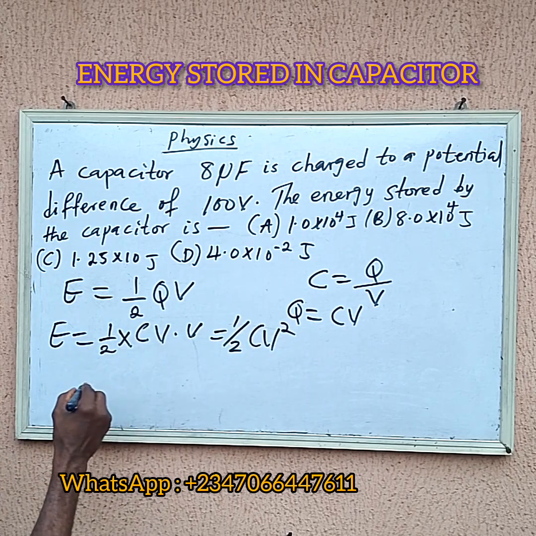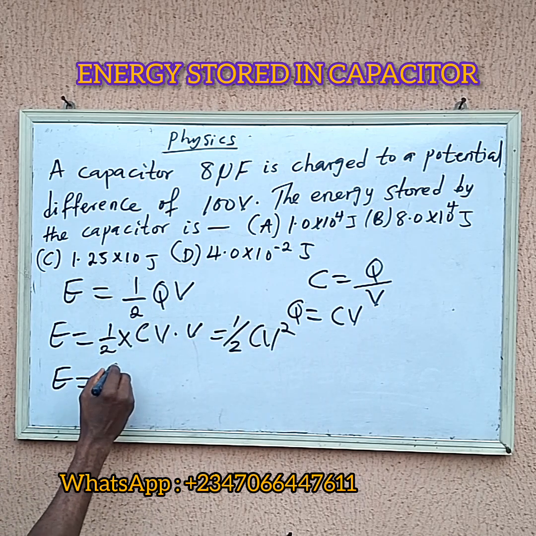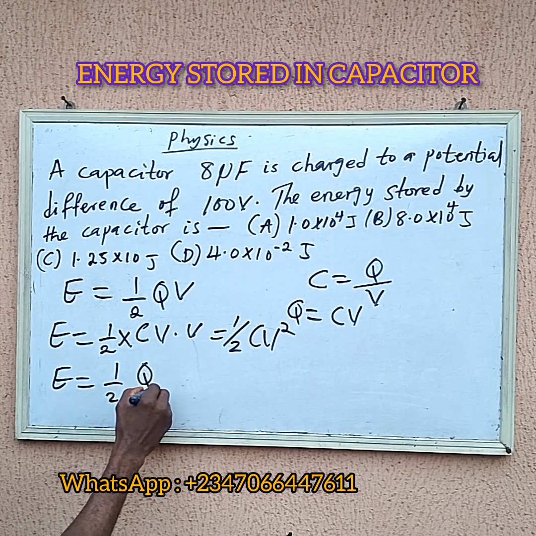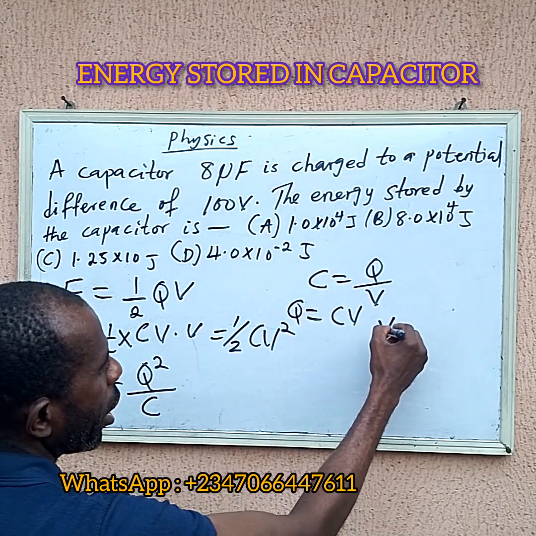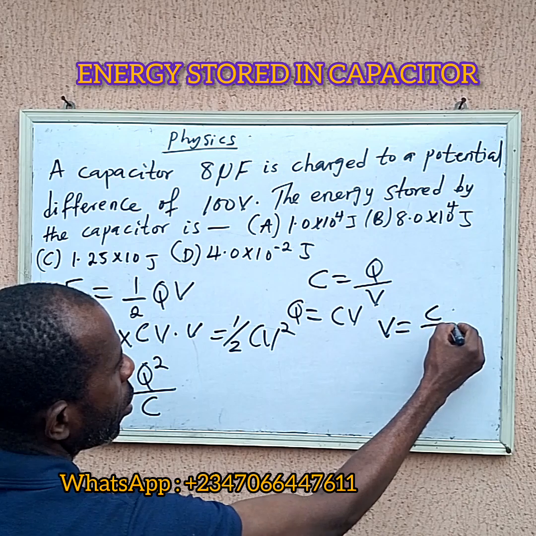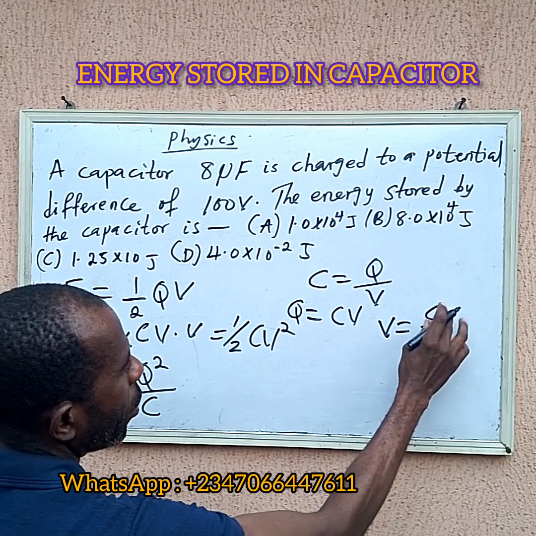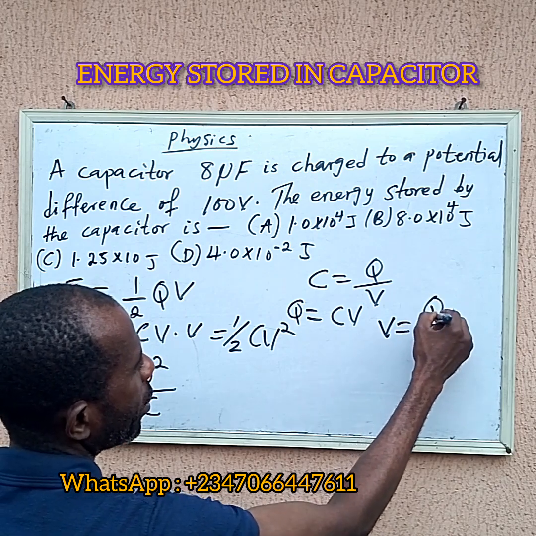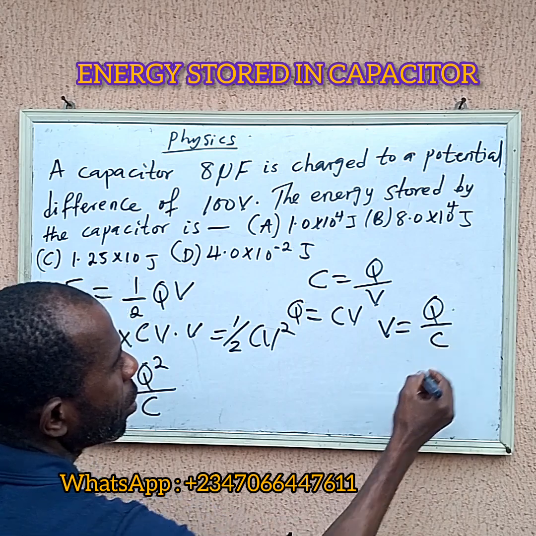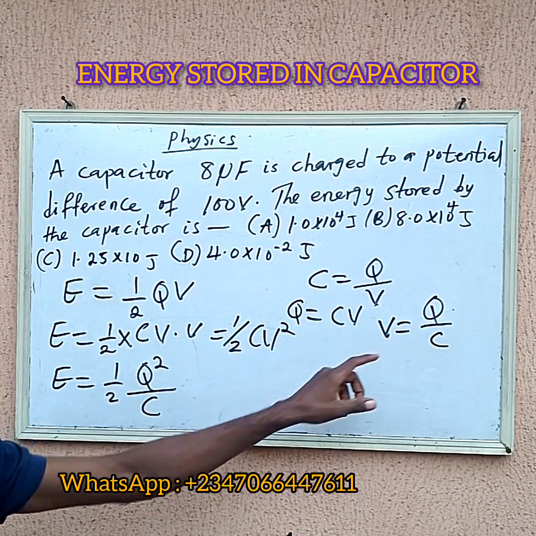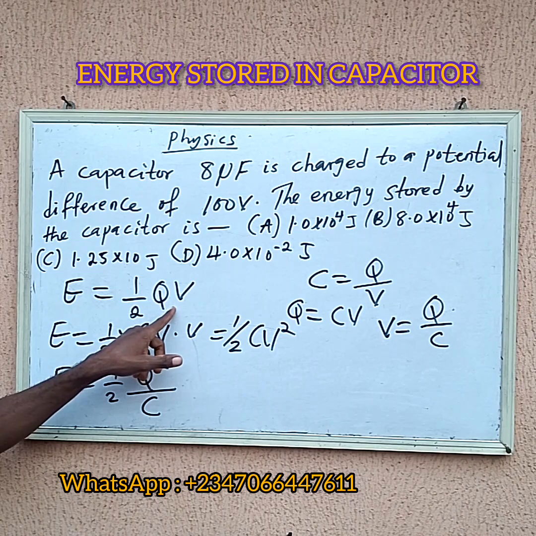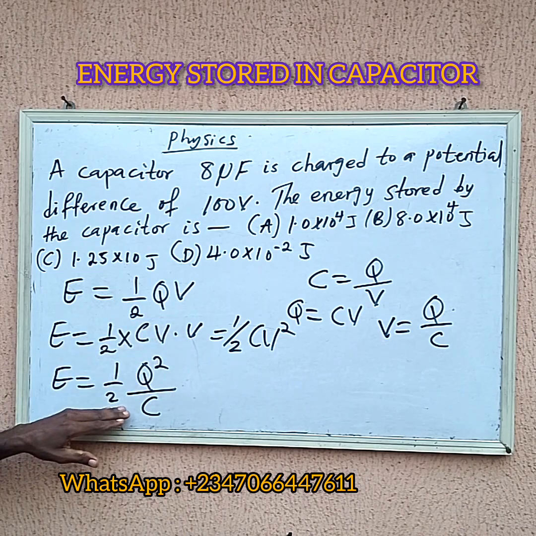At the end of the day, we are still going to have E equal to half multiplying Q squared all over the capacitance C, because V is equal to Q all over C. Now, if you plug it into the expression, we are going to have this.